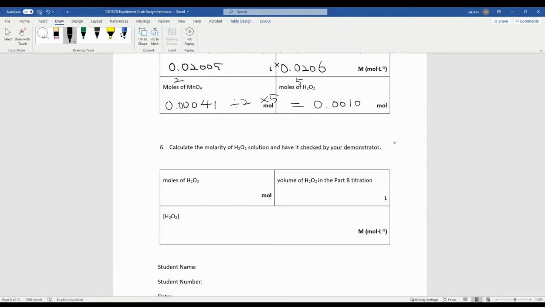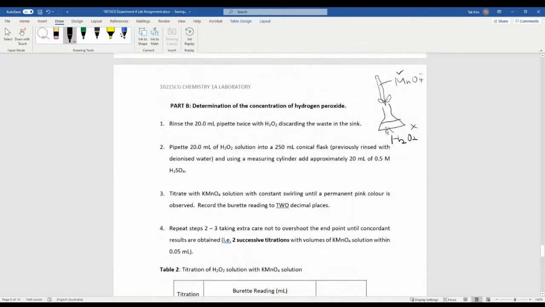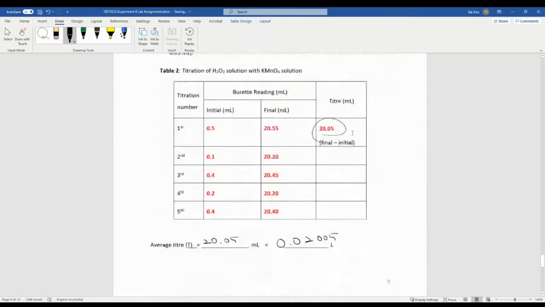So the number of moles of hydrogen peroxide is right over here, so you just need to use this number. And then the volume of H2O2 in the part B titration, so it should be somewhere in your description, but it is the titrant over here, so it should be 20 mL, right?